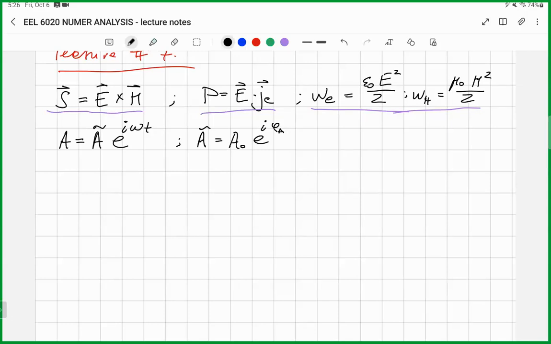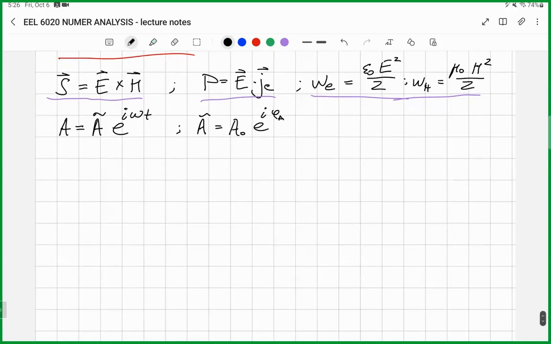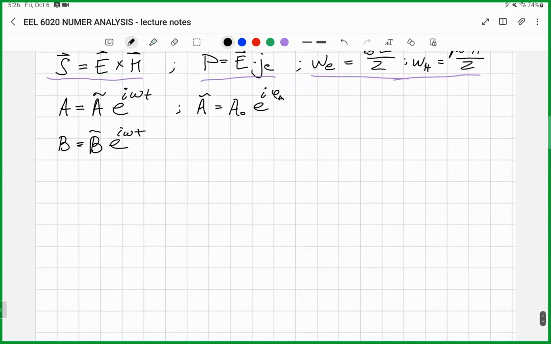So this A tilde, this complex amplitude, describes the real amplitude and the phase of the quantity. And we consider another quantity B, which is again complex, B tilde e to the power of i omega t.